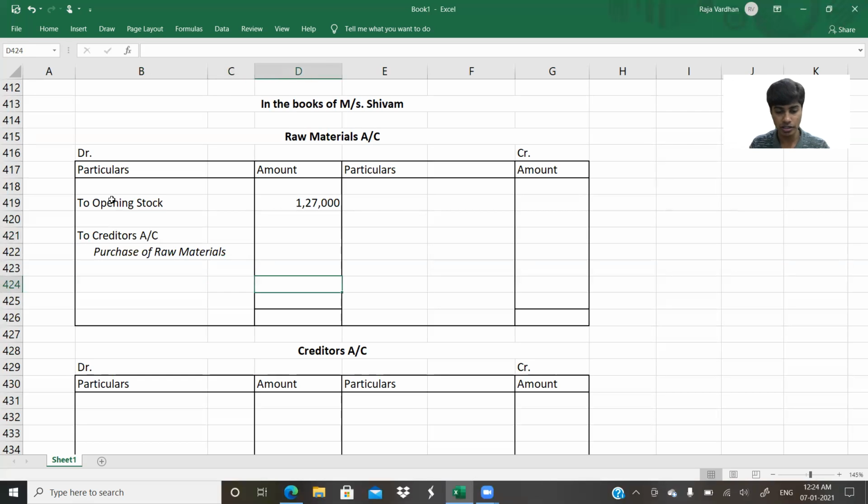Then we have by raw materials consumed. Whenever raw materials are consumed, this should actually be returned to manufacturing account. Because this much value of goods will go from our raw material account to manufacturing account.